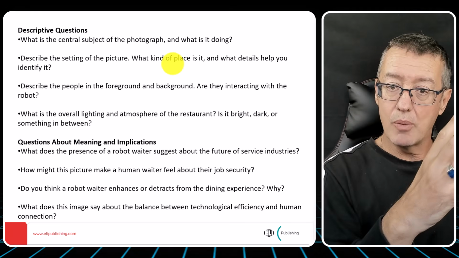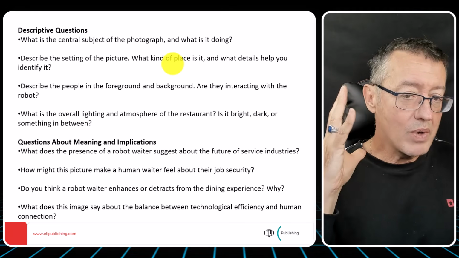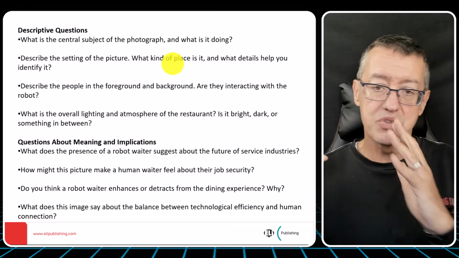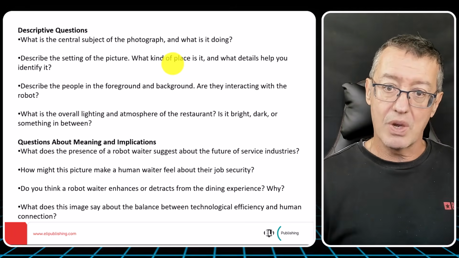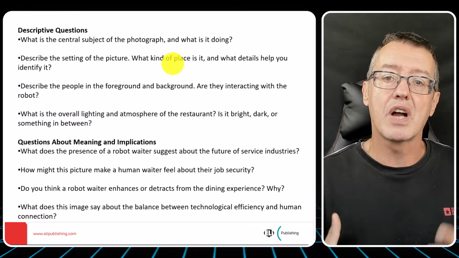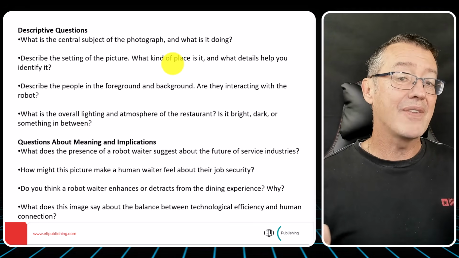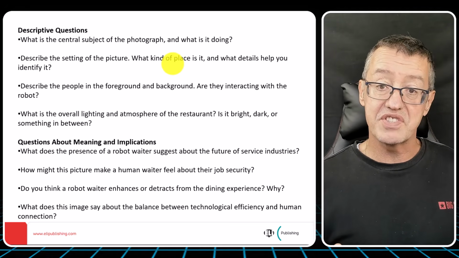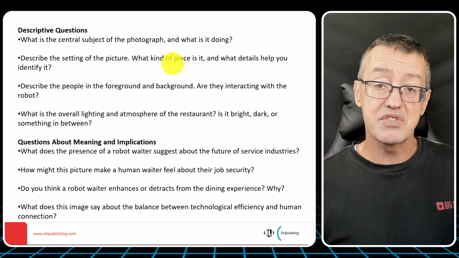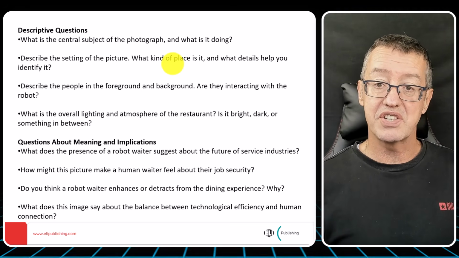Remember, I'm trying to help my students to understand that it's not only about describing a picture, but it's also about interpreting a picture. So the students read all the questions, so that's interesting because they're doing a kind of reading activity, and now they're going to choose one question from the first group and one question from the second group. So they choose one descriptive question and one interpretation question.